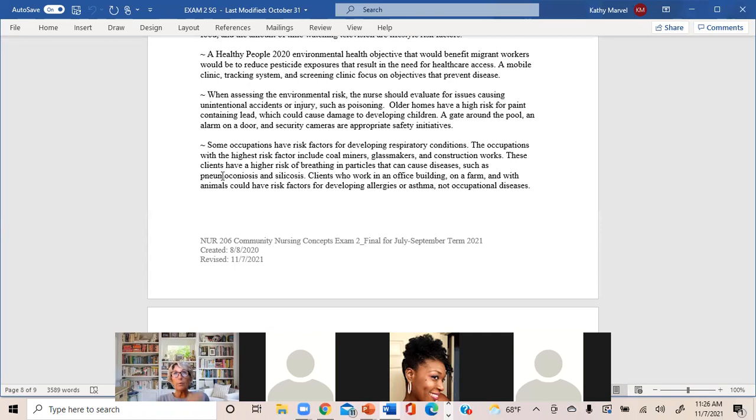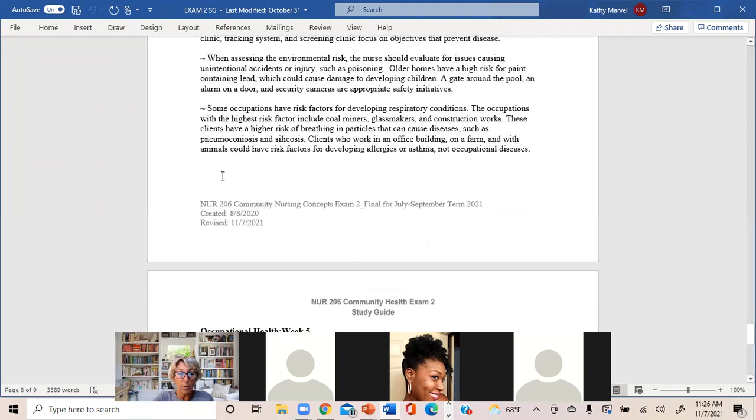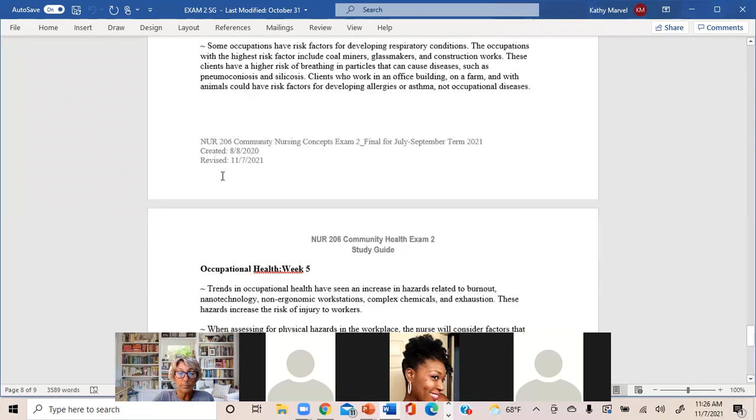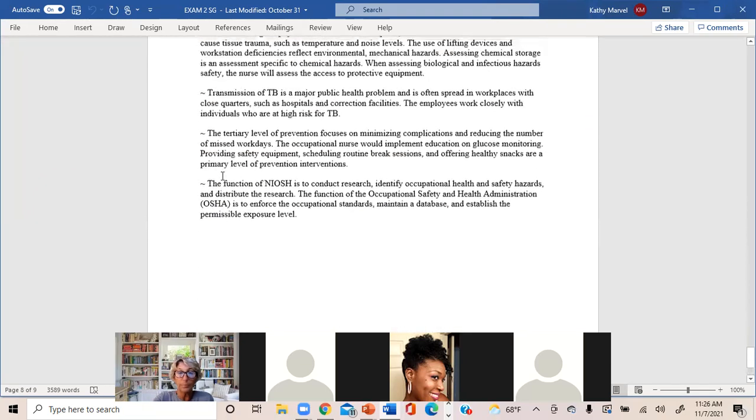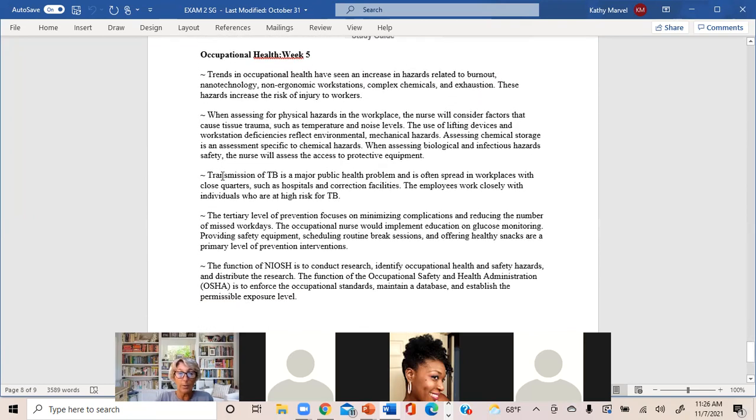The left column is the occupation, the middle column is what they're exposed to, and then the right column is what potential infectious diseases or conditions or illnesses that might cause, short-term, long-term. Okay, so it's right here. So that's the last part, is our occupational.